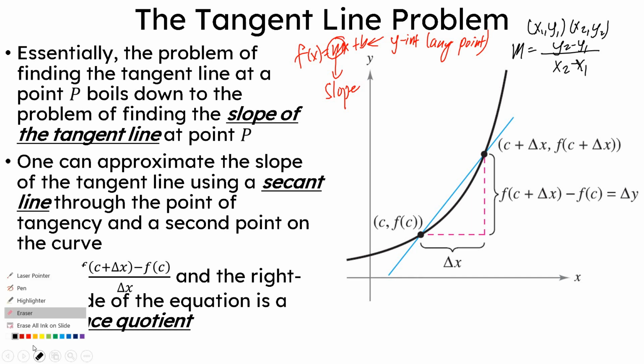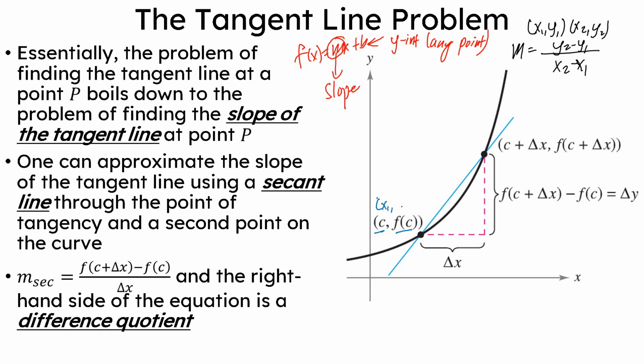Now, instead of y sub 1, y sub 2, we have the points c, f of c, which becomes our x sub 1, y sub 1, and c plus delta x becomes our x sub 2, and this is our y sub 2, because now we are in the language of functions.